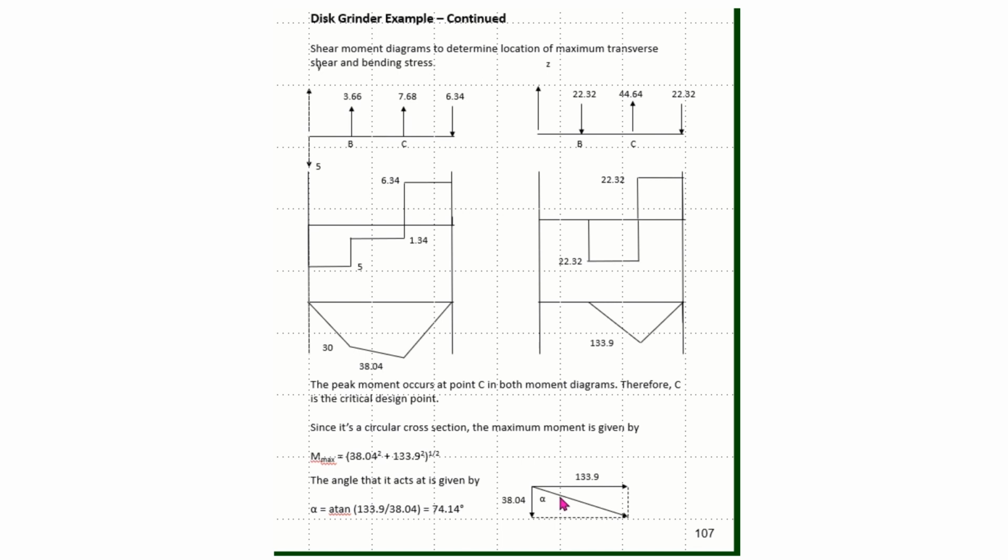And then I could cut the shaft and look at the reactions at the cut and draw stress elements. So this kind of sums up where we have come with combined loadings.